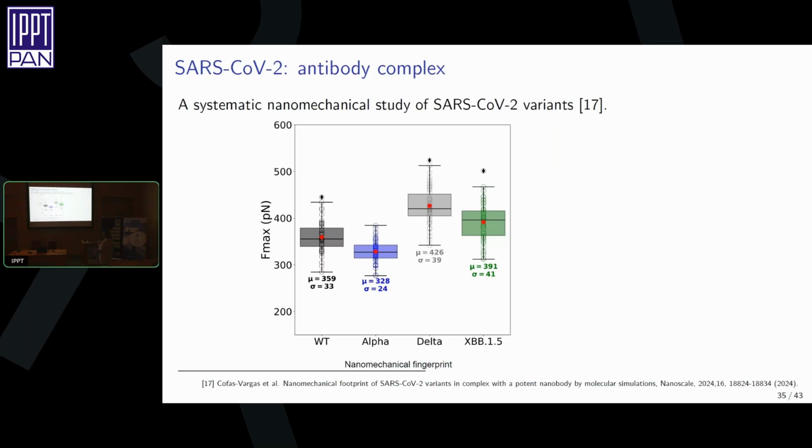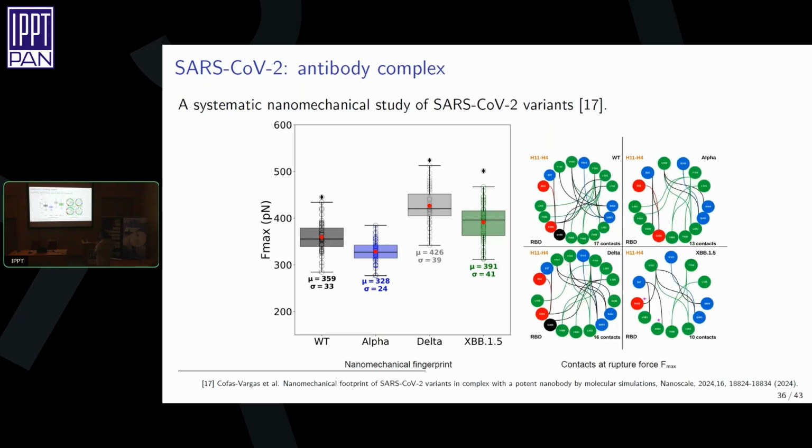Right? So we went a little bit forward, and then we studied different variants, and also we looked at the different correlations between the residues that are lying at the interface at Fmax, and we see that for the same nanobody, this actually changes with the number of different variants.